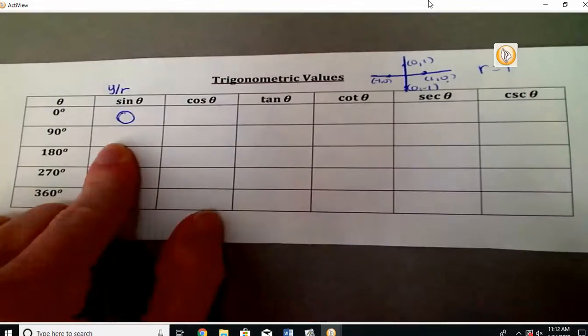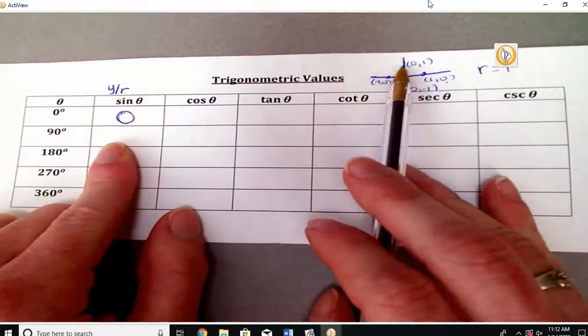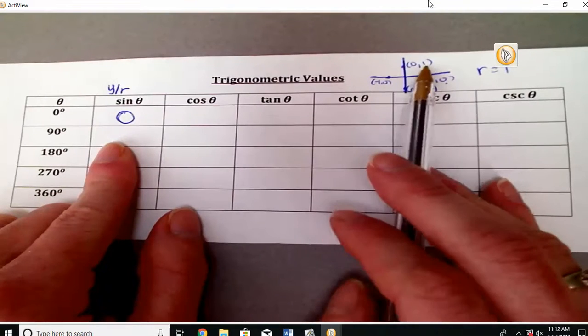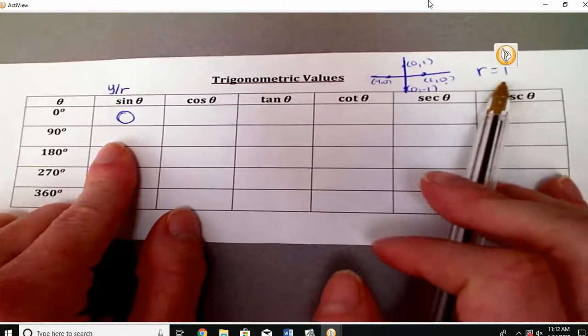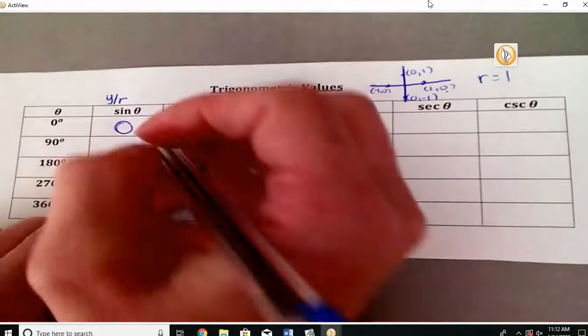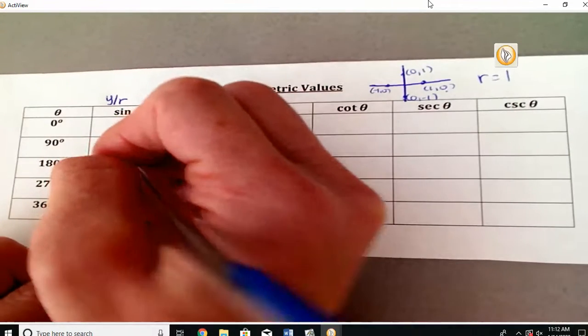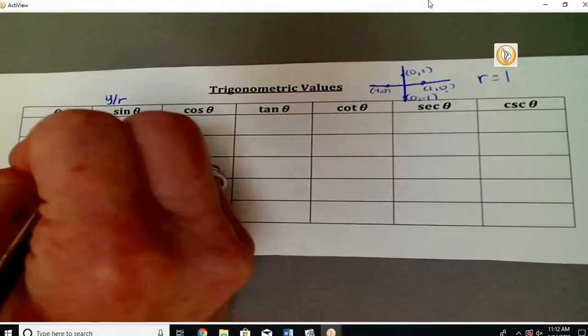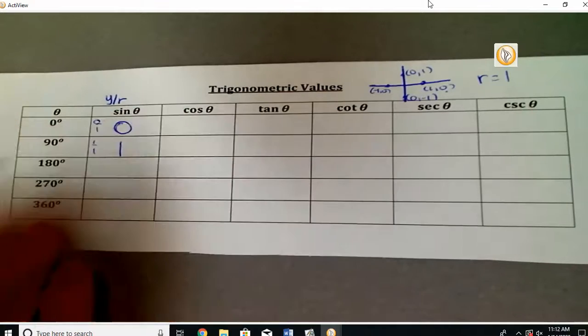At 90, sine is y over r, so that would be 1 over 1, which is 1. And if you need to write out what we're dividing, you're welcome to do so if that helps you.